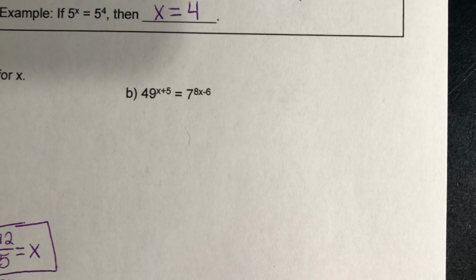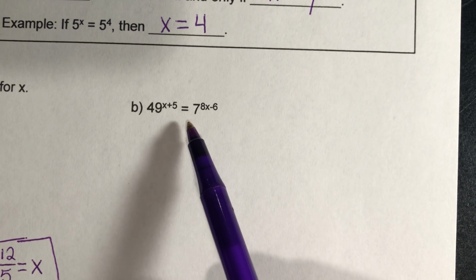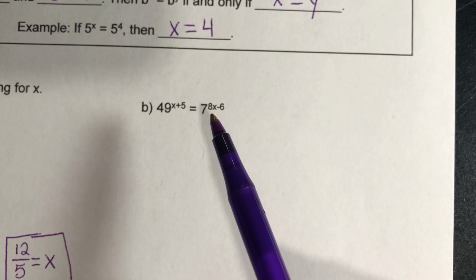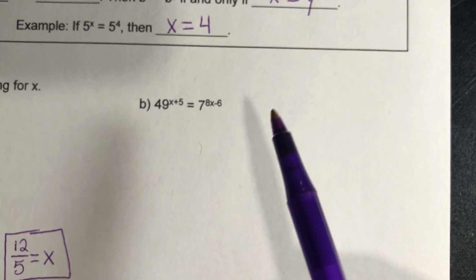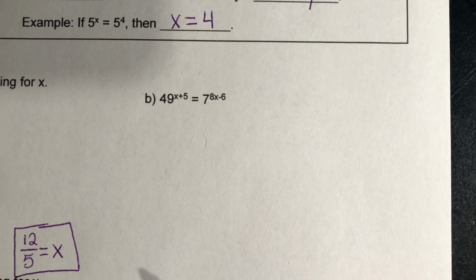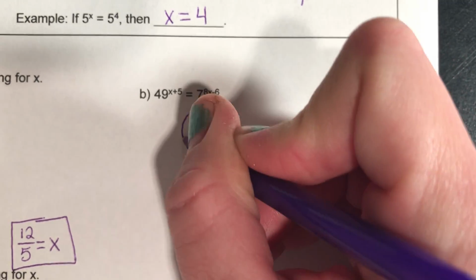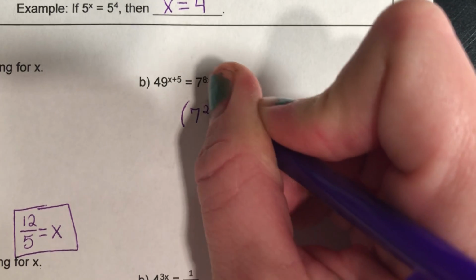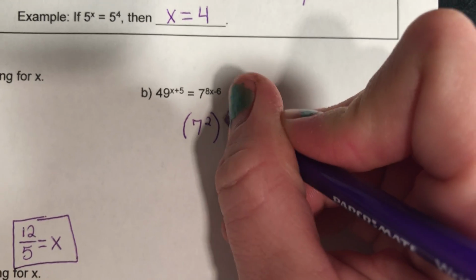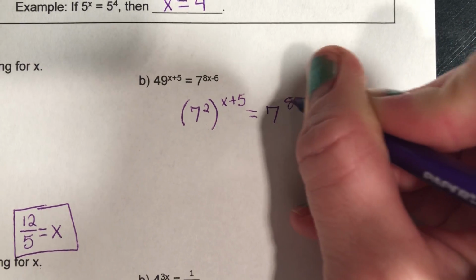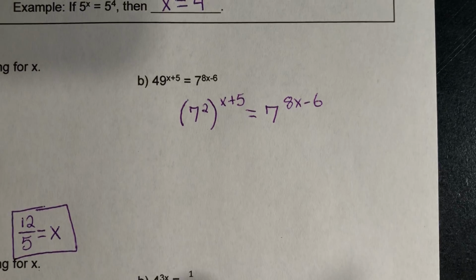Our first base is already kind of given to us over here, 7. So we have 49 to the x plus 5 power equals 7 to the 8x minus 6 power. We need these to be the same base. That means our 49 is the same as 7 squared to the x plus 5 power equals 7 to the 8x minus 6 power.